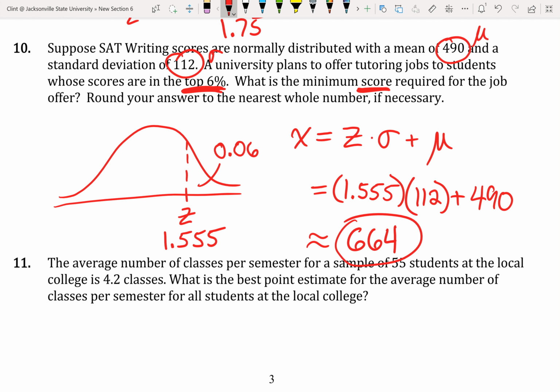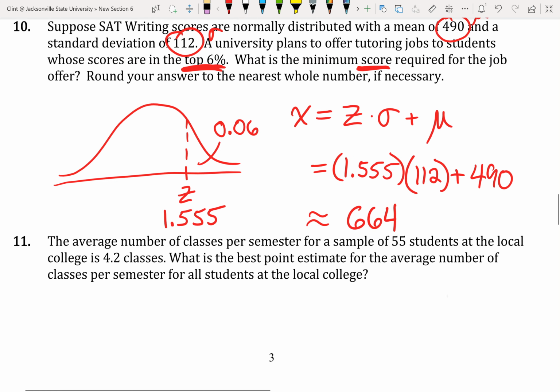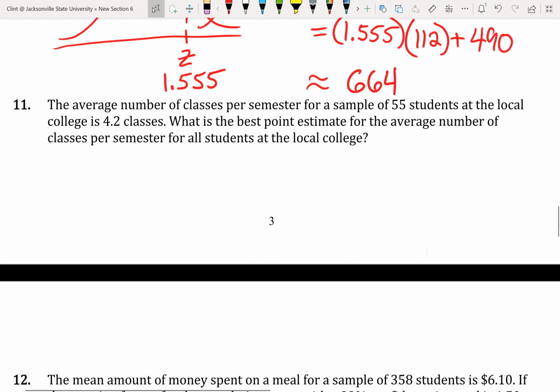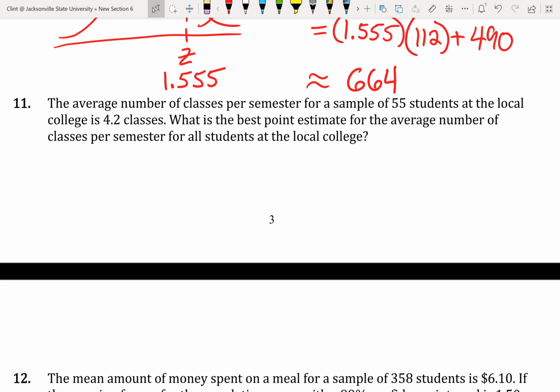Okay. Number 11: the average number of classes per semester for a sample of 55 students at the local college is 4.2 classes. What's the best point estimate for the average number of classes per semester for all students? Well, if we're using a point estimate for an average, or for means, then we want the sample mean.